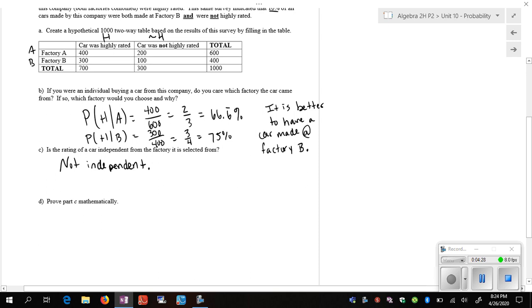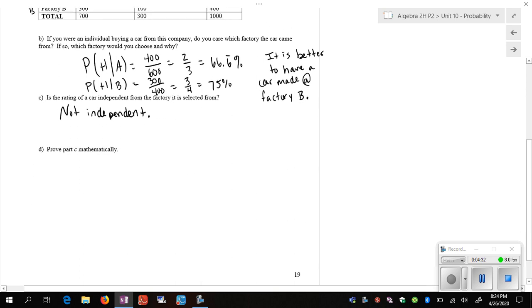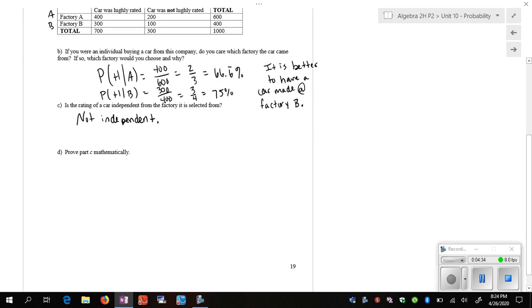So we have to prove this mathematically. This is going to lead us to one of the definitions of independence. A new one we're going to talk about today is, and this is just a generic formula right now, the probability of A given B, and this has nothing to do with the A and the B at the top there for now. Probability of A given B should equal probability of A if independent.